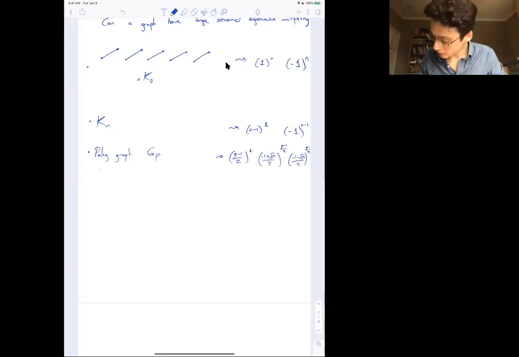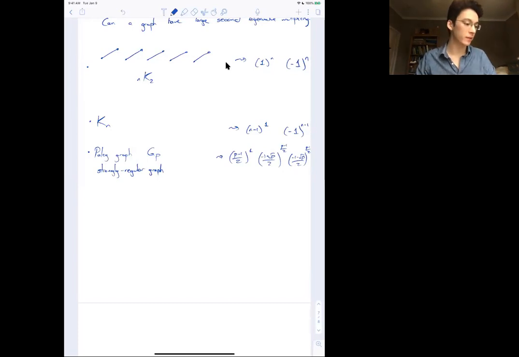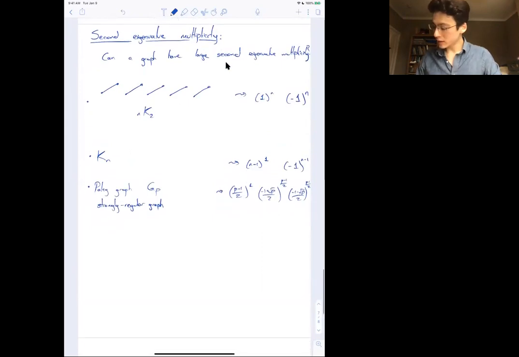In general, all strongly regular graphs have only 3 eigenvalues, and the second and third eigenvalues occur with linear multiplicity. So it should be clear that, yes, there are lots of graphs with large second eigenvalue multiplicity. Our only hope is that somehow we can rule these graphs out from occurring in our construction.